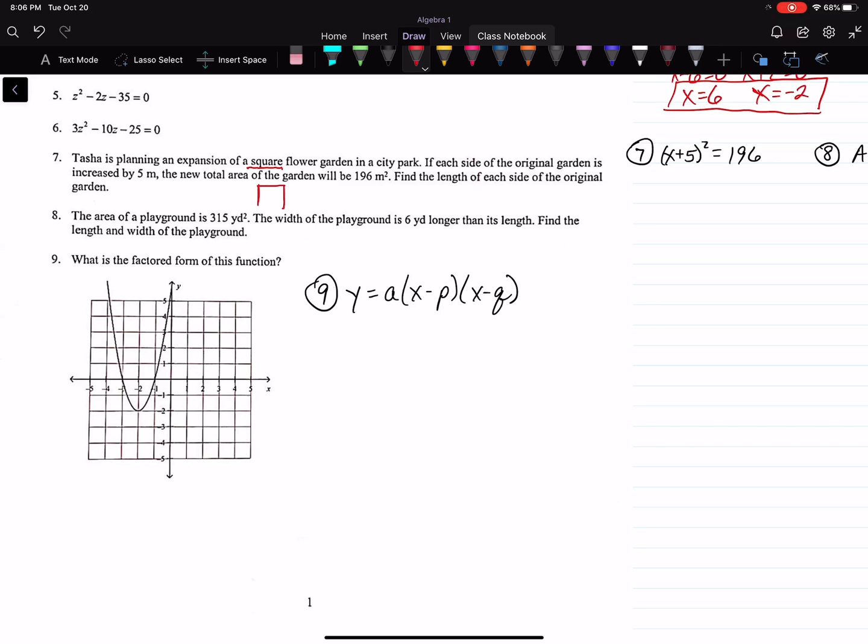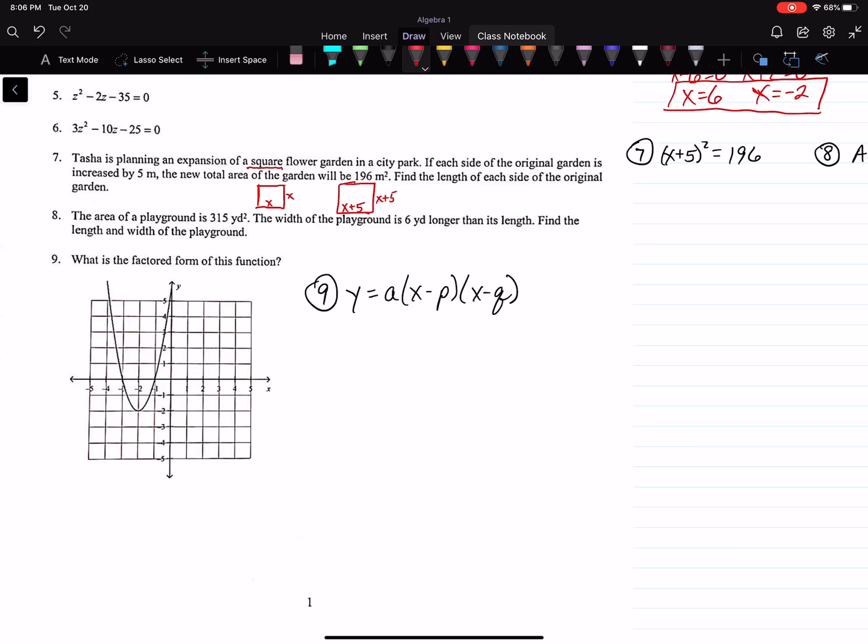It said it was a little square garden. It had X for the sides, and the new garden is going to add 5 meters to both sides. So that's now going to be X plus 5 and X plus 5. And it says find the length of each side of the original garden. So basically we're just finding X here, okay?